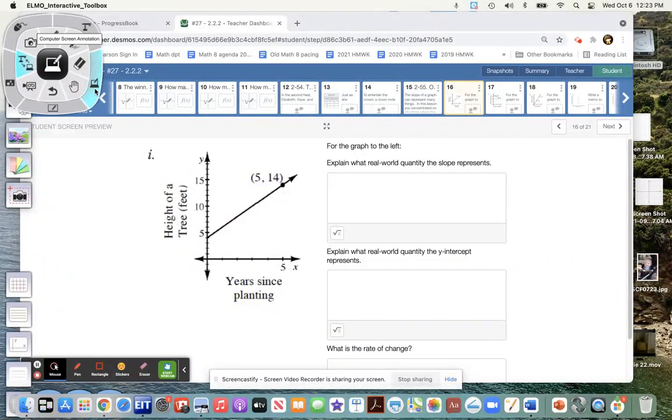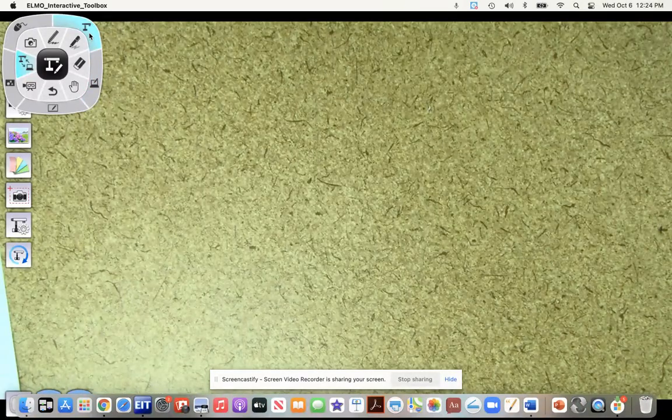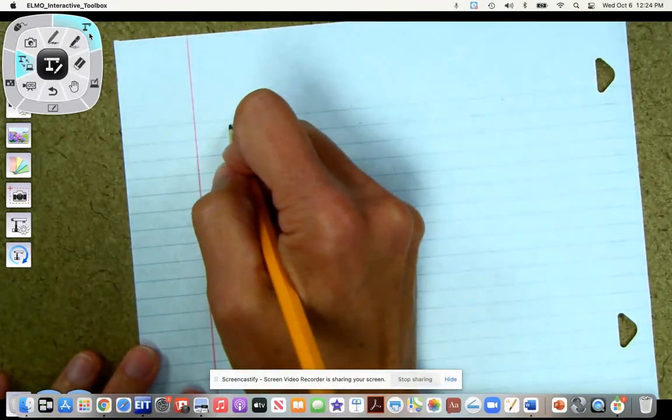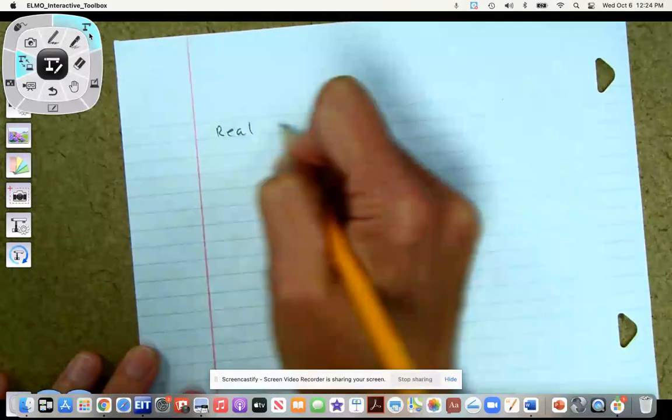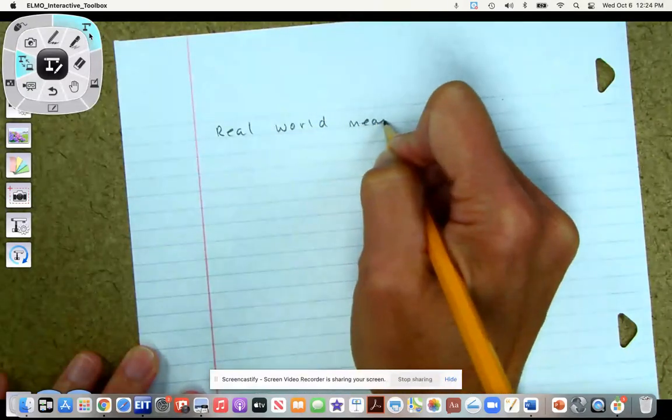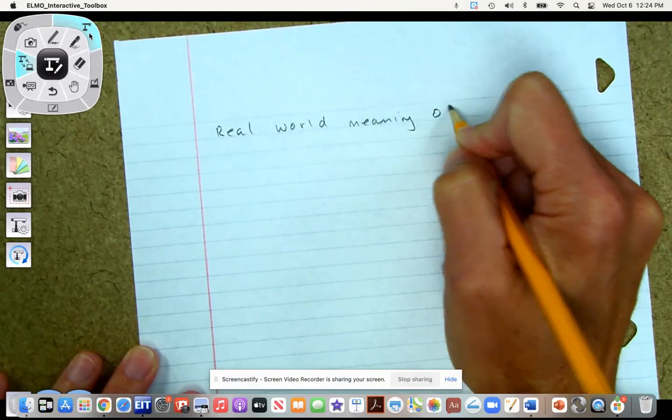Okay, so when we had this problem the other day, these graph problems, we were supposed to look at the real world quantity of the slope and the y-intercept. Let's put this in the notes. Okay, so real world meaning of slope.